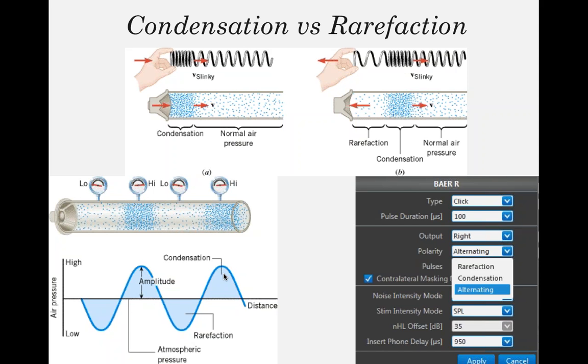And this is the method of stimulation. This is how the sound waves are put upon the ear, the tympanic membrane, and all the way through the inner ear to the auditory nerve.